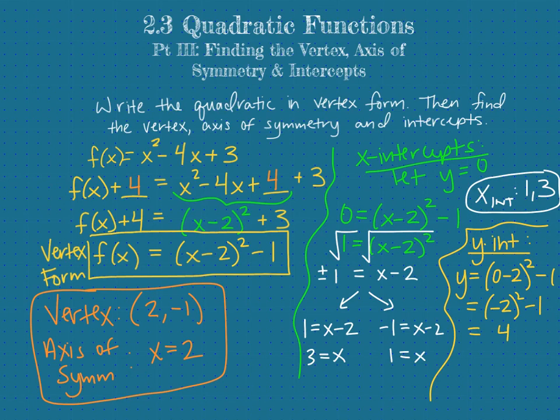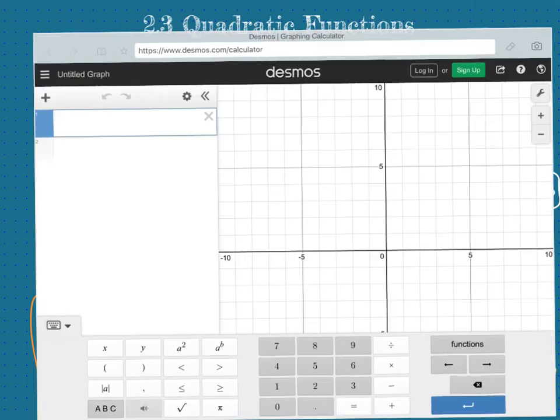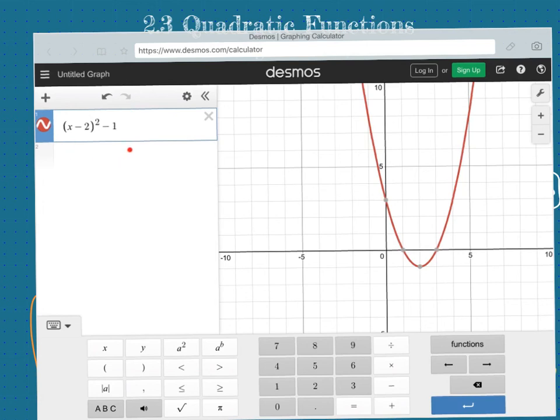That gives us 4 minus 1 gives us 3. So our y-intercept is 3. I'm not going to get into this graph as much. It's the exact same graph we saw before, only this time I put it in its corresponding vertex form. So it's the same graph as it was in general form.